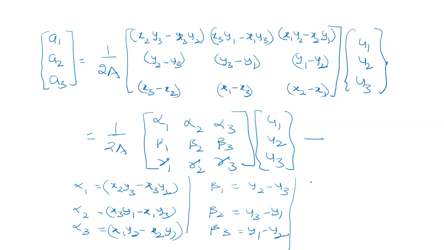Finally, gamma 1 is equal to x3 minus x2, gamma 2 is equal to x1 minus x3, gamma 3 is equal to x2 minus x1. These are the components of that matrix, so now we have an idea about alpha, beta, gamma.